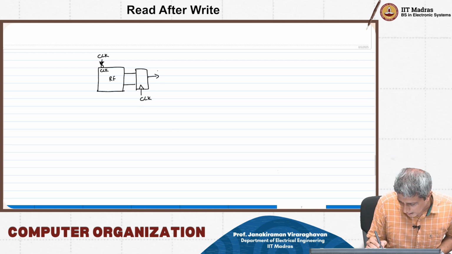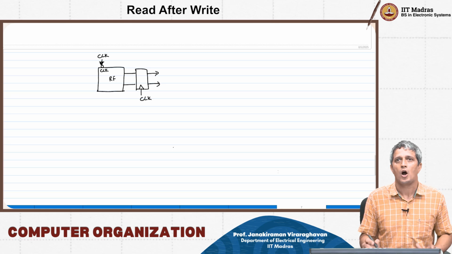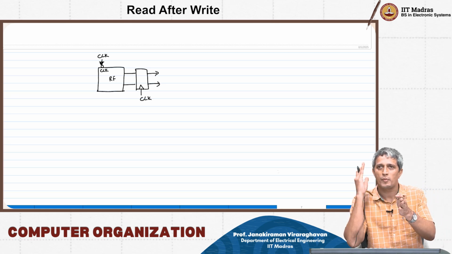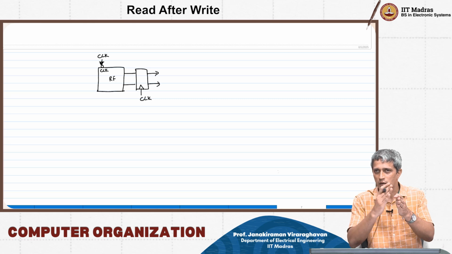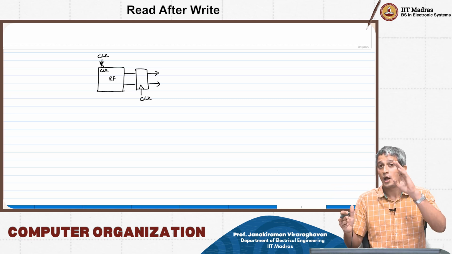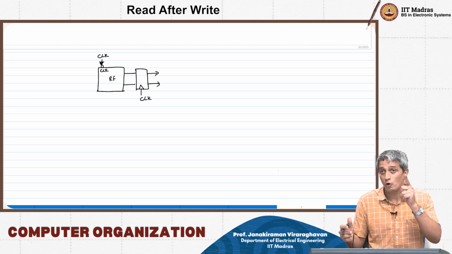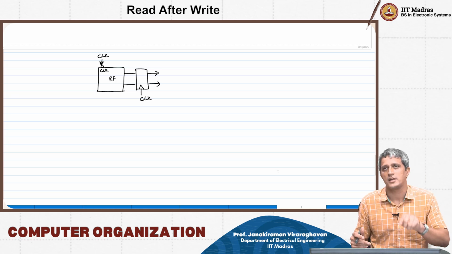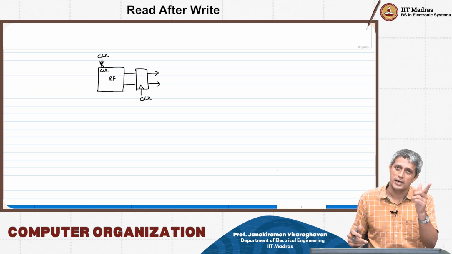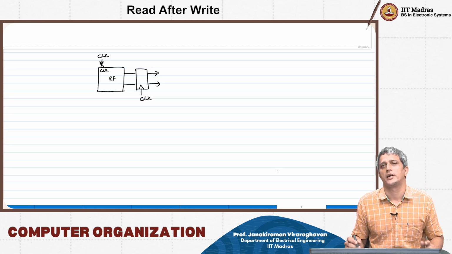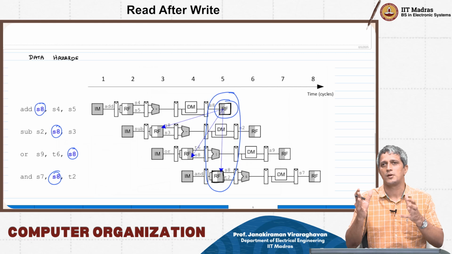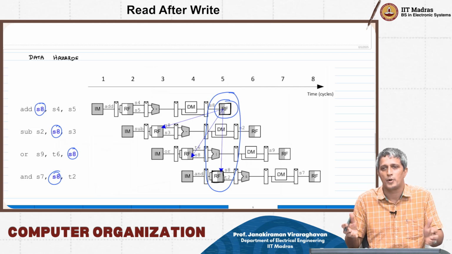So the data coming out of the register file is going to get controlled by clock. That means at the positive edge of the clock, it will come out, right? But clock bar is controlling the register file, which is what matters for the write of the register file, and therefore the negative edge is what is going to control that, and that's why the first half second half concept can be shown in this particular way.